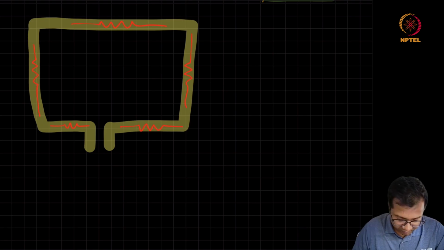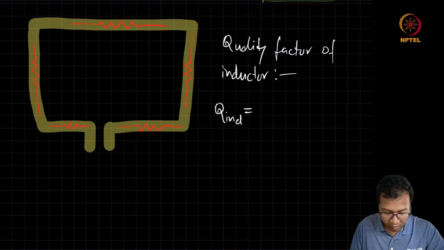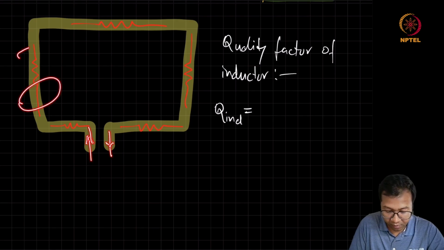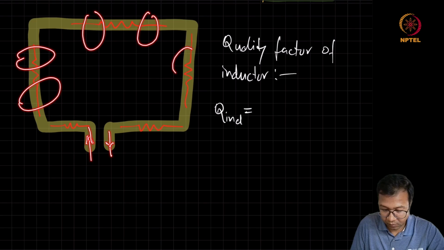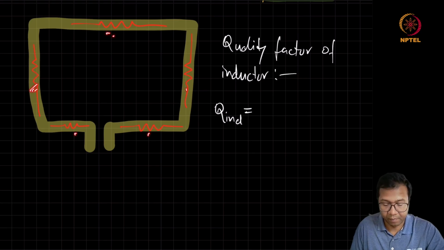So the quality factor of the inductor we can define as how much energy is stored by the inductor in the form of this magnetic field, normalized by the amount of energy which is dissipated because of the resistances which are present.